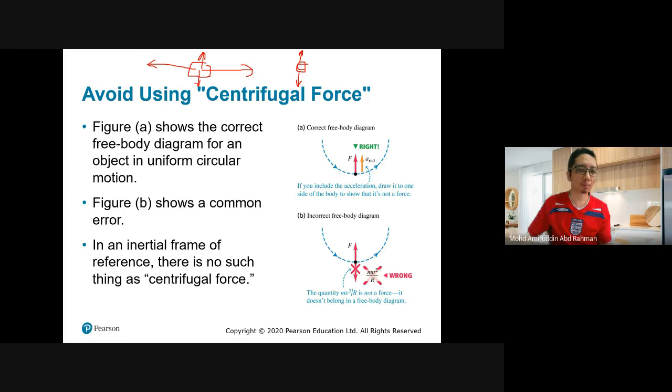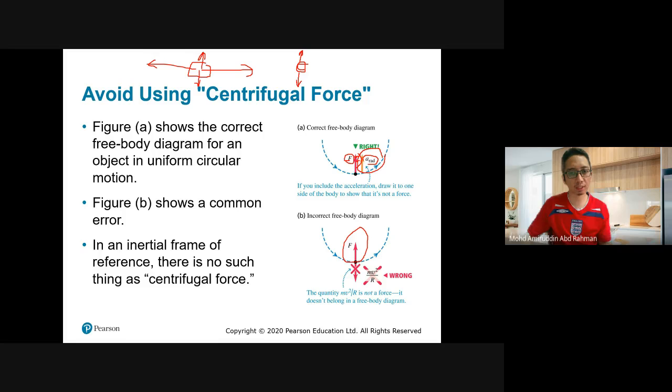But in circular motion, this is not a force. You only have F towards the center. So this is actually part of the acceleration.